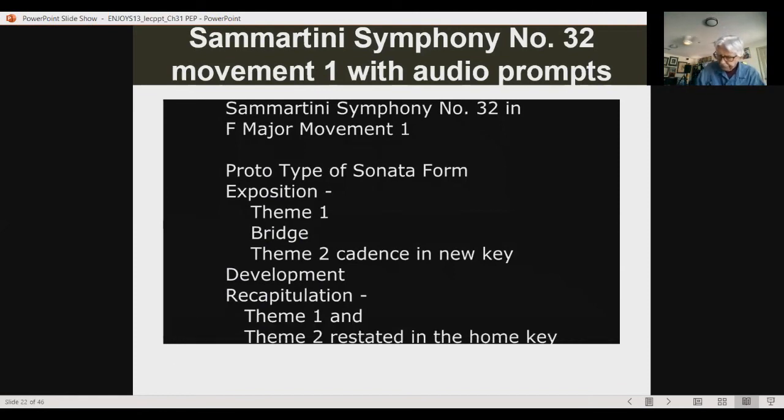Sonata allegro form, exposition, development, recapitulation. Exposition, theme 1. Transition, modulation to new key. Cadence, theme 2. Repeat, exposition, theme 1.